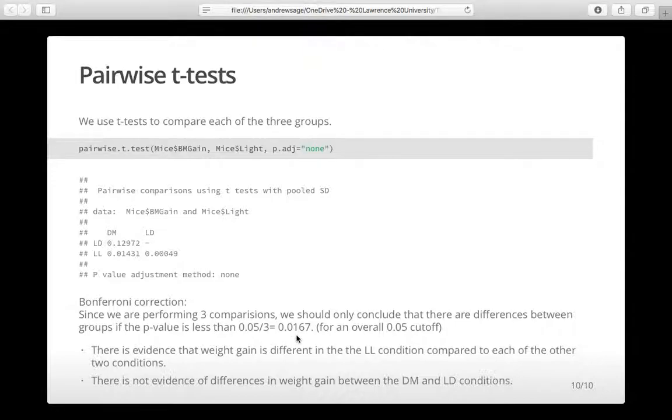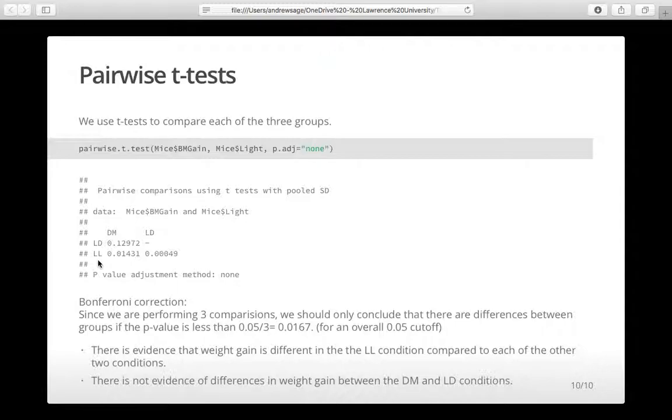and that gives us a cutoff of 0.0167. Thus, using the Bonferroni correction, we should only reject the null hypothesis and conclude that there are differences between groups if we get p-values less than 0.0167. In this case, both of the p-values in the lower row, comparing the bright light setting to the other two, are still less than that cutoff.